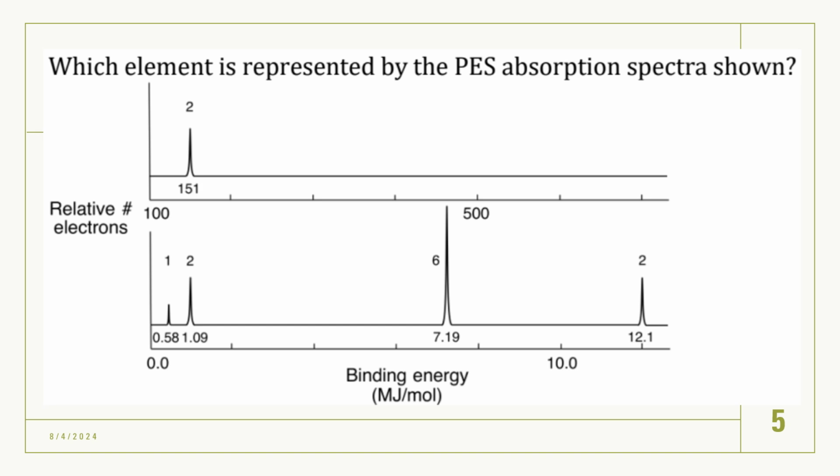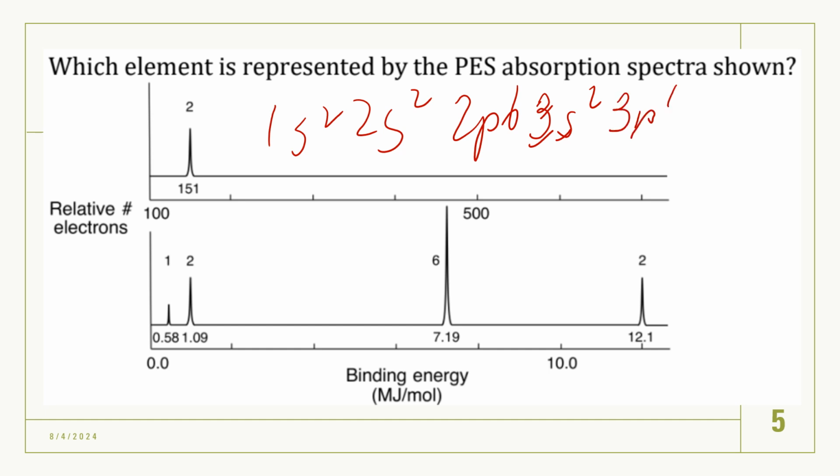So this is still 1s2, 2s2, 2p6, 3s2, 3p1.